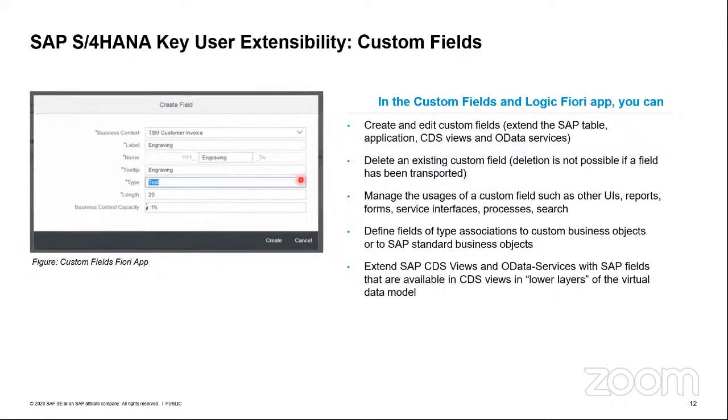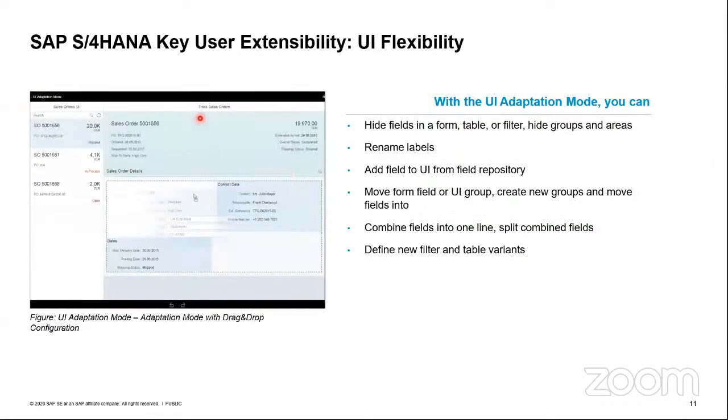There is something known as cloud BAdI, which Ashwin has already explained. Cloud BAdI is something that is available as part of key user extensibility. There are a set of BAdIs that have been released so that you can consume them on the cloud. If you think about a sales order, there is already a cloud BAdI for sales order header and item available.